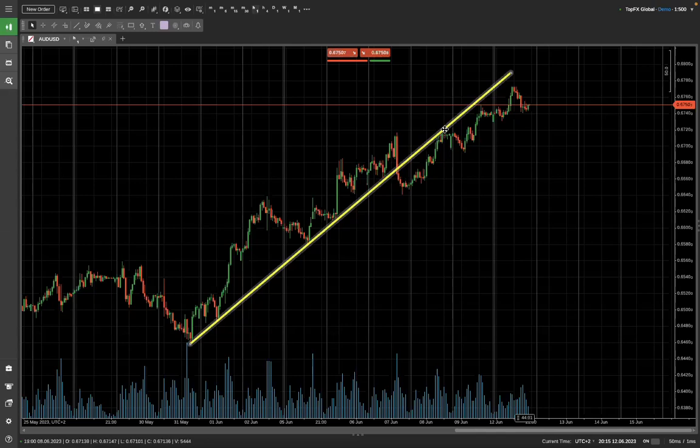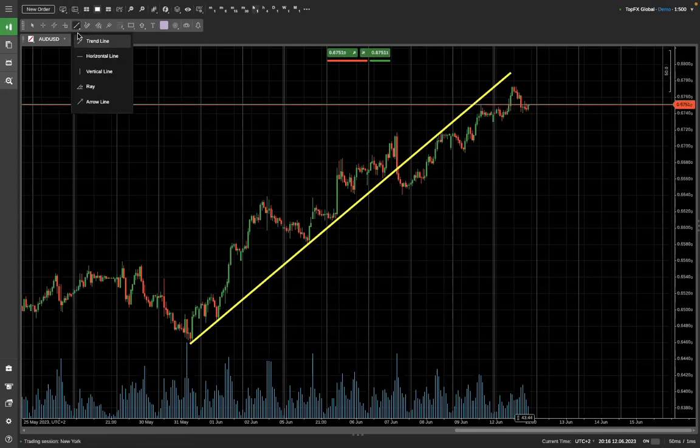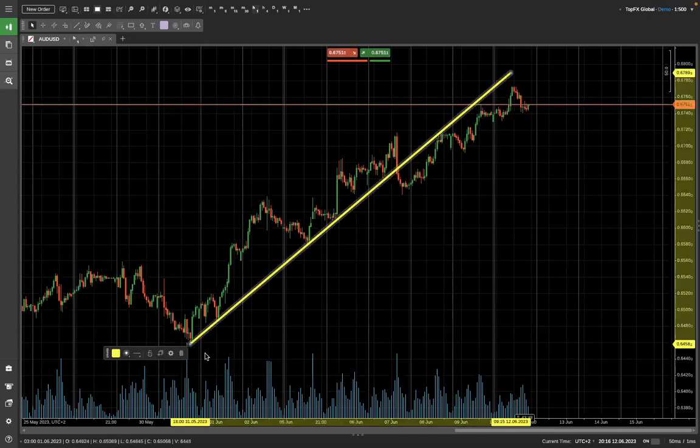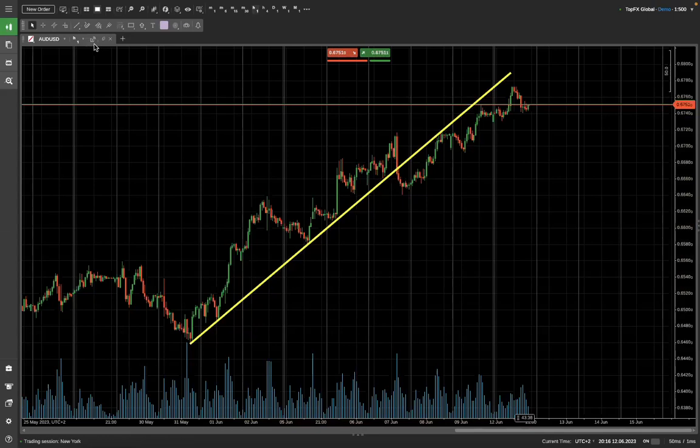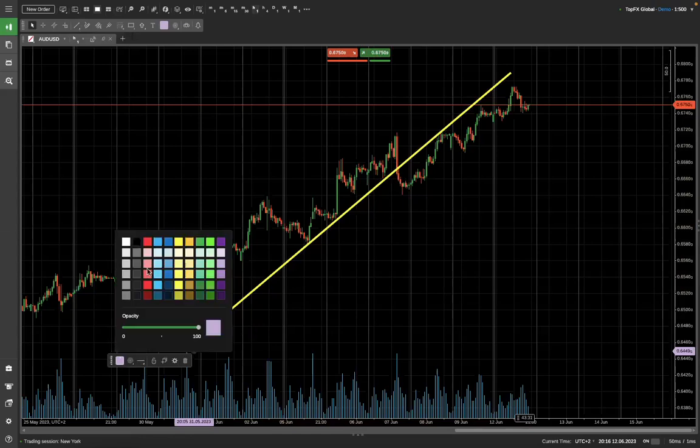Now, what happens when the market breaks below the trend line? Well, from our point of view, we can treat this kind of situation in our favor and try to place another trend line. So if we use this low again, this time I will make it white.